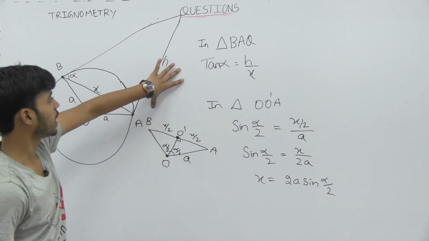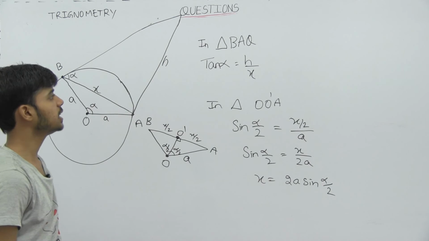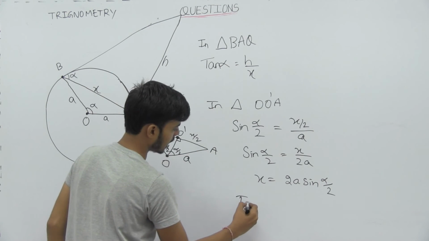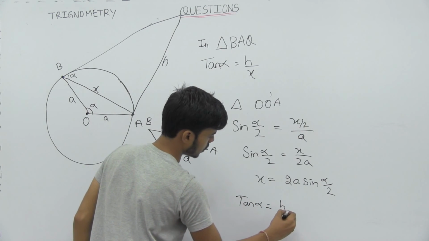But we need to find the height of the tower, which is h, and we have tan alpha is equals to h by x.